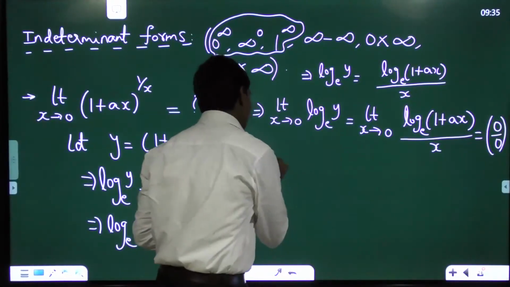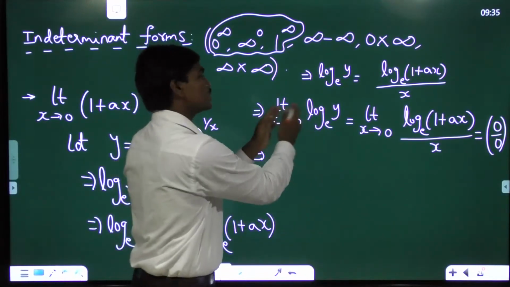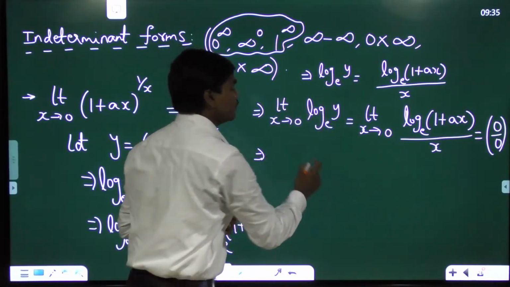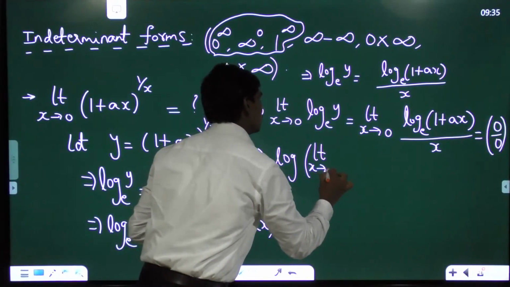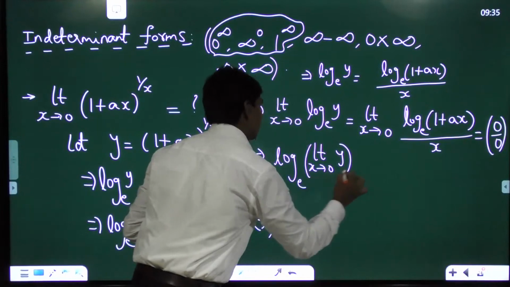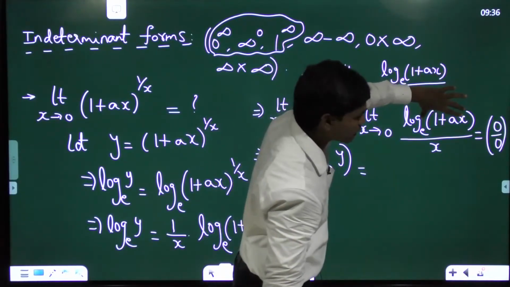Okay. Let me do that. So this limit and log are interchangeable functions. There is no issue. If I write log of limit or limit of log, both could give me the same value. So I could write log of limit x tends to 0, y to the base e is equal to, then evaluating this limit, the differentiation of log of this complete function.